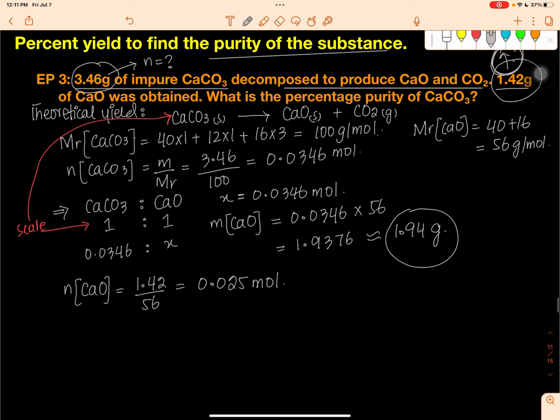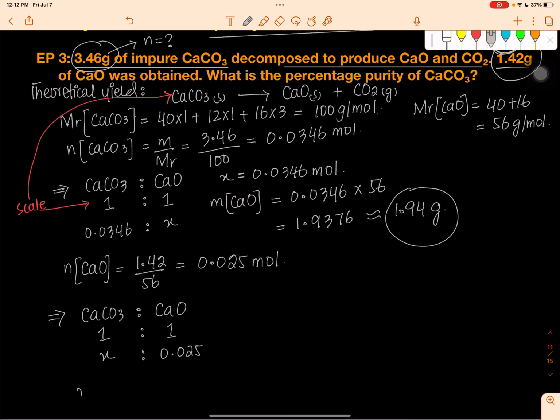So relating it with the amount of calcium carbonate present, 1 mole to 0.025, x, this implies that x is equal to 0.025 moles.